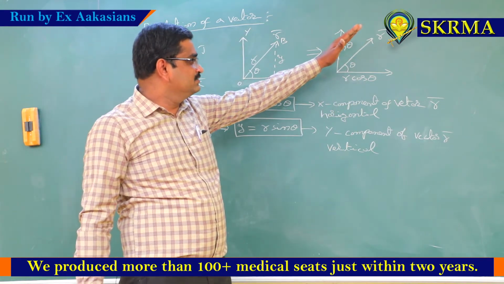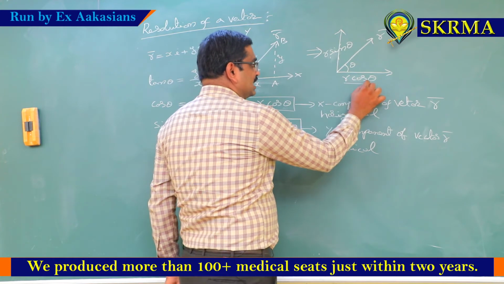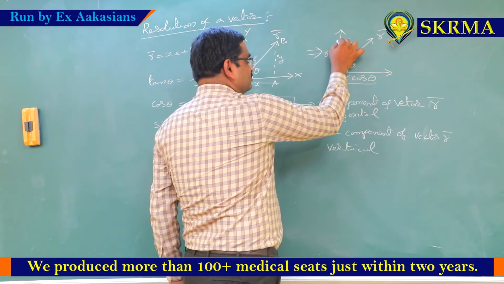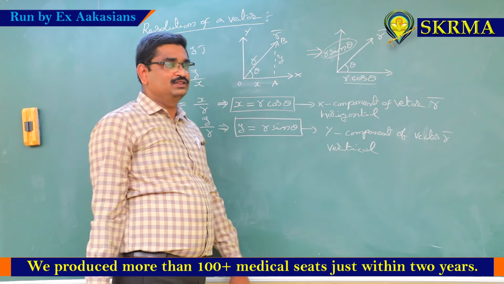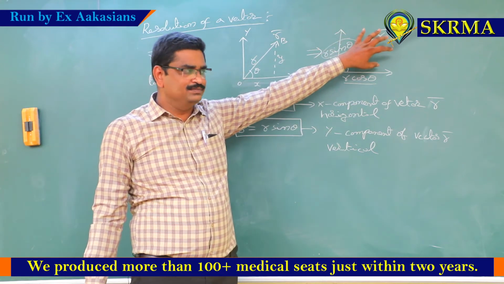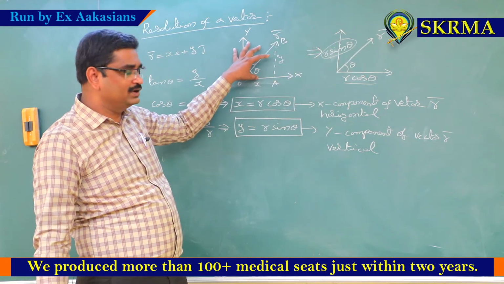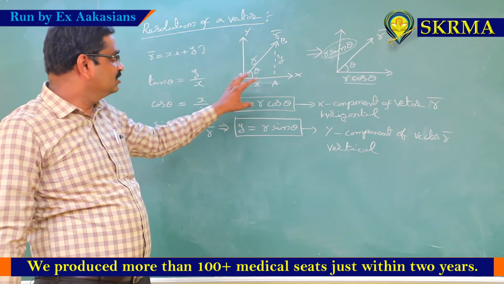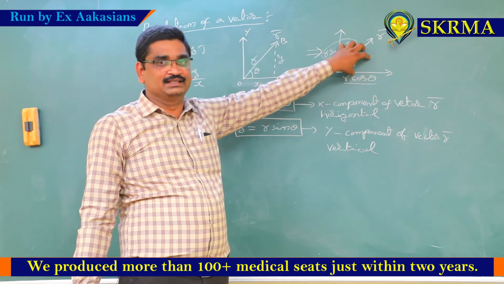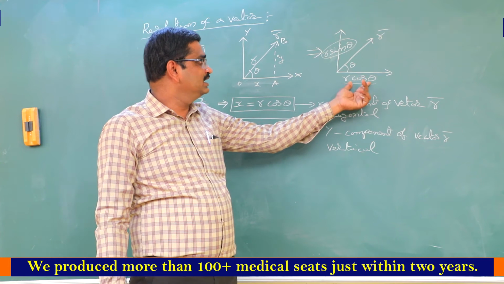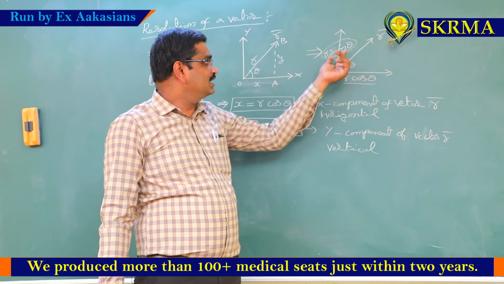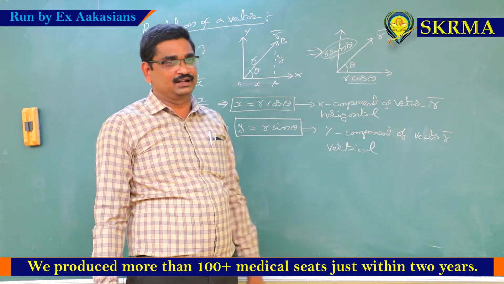So for this vector, how much is the x component? r cos theta. How much is the y component? r sin theta. So these are the components of this vector. Simply we can write by using this diagram, no need to solve like this also. Directly from this we can write like this. So r cos theta is the x component of this vector, r sin theta is the y component of this vector.